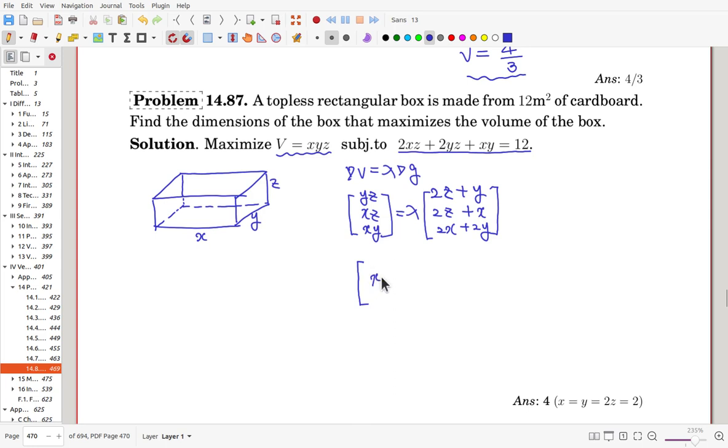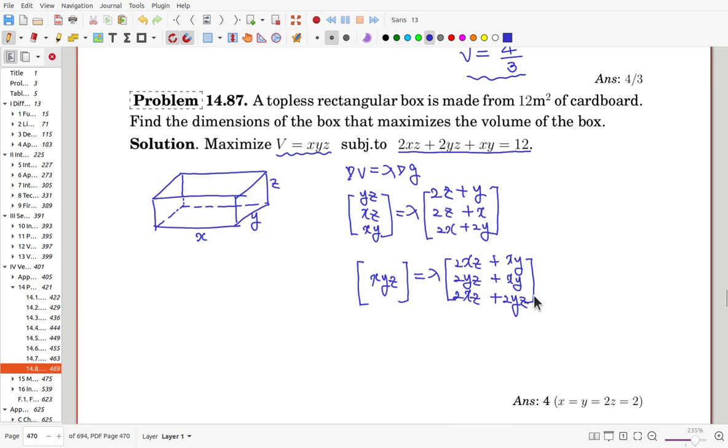Then the left-hand side will be all the same, xyz, and lambda times 2xz plus xy, then 2yz plus xy, then 2xz plus 2yz.